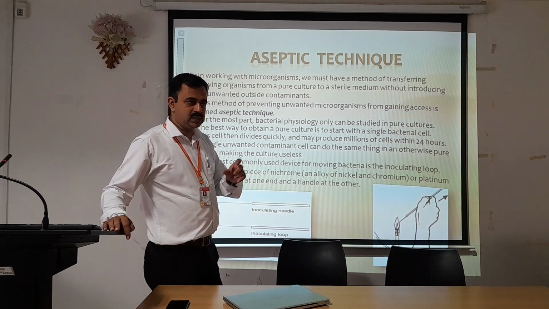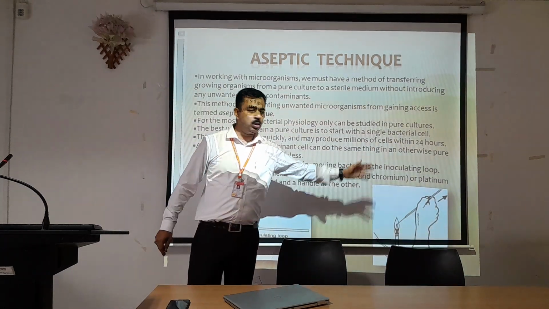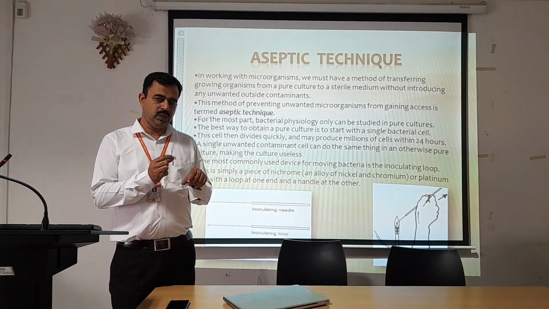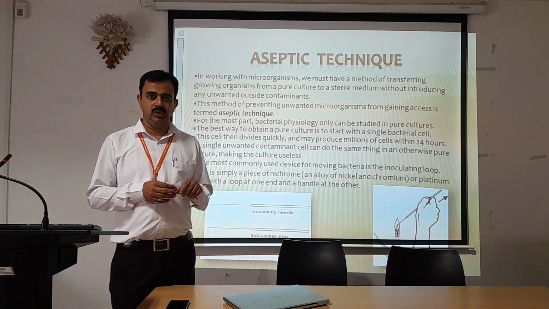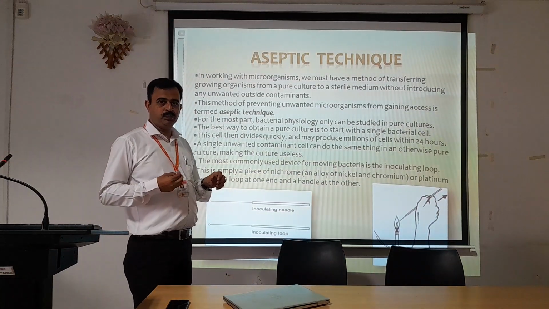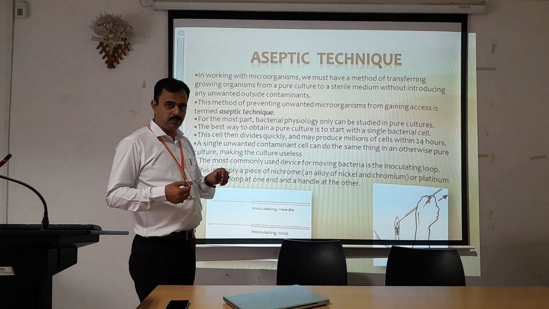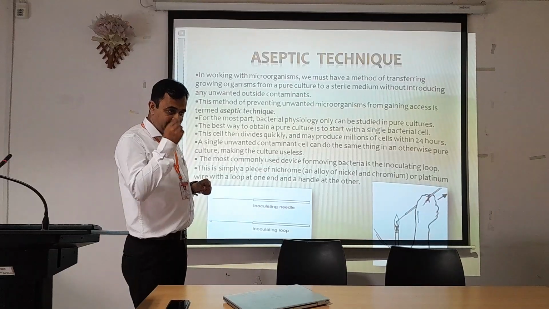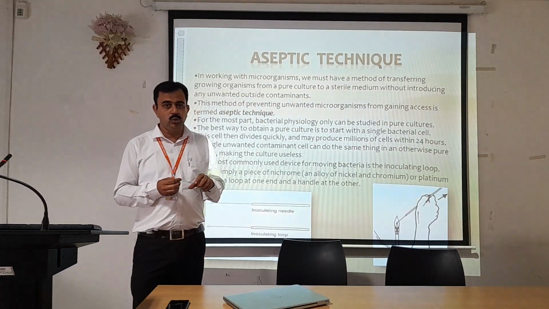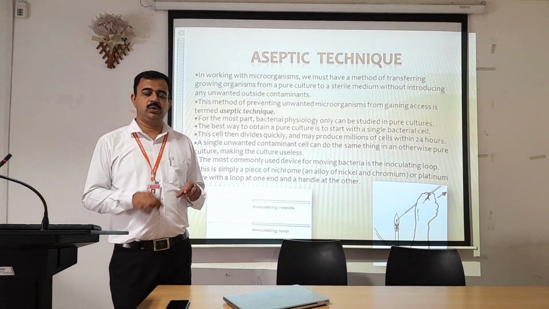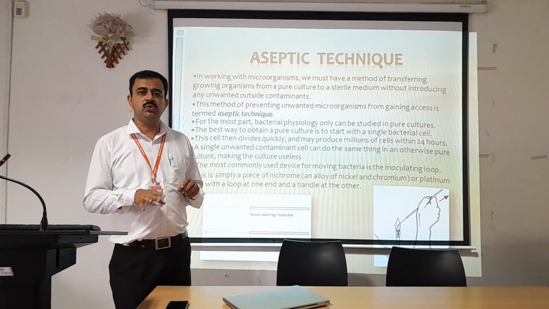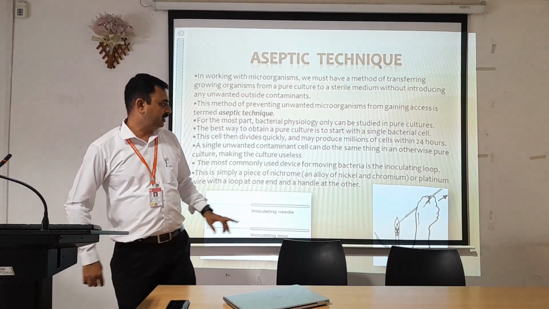These metals, alloys of nickel and chromium or platinum, have the ability that once you put them inside the flame, they get hot very quickly, and when you take them out after they are red hot, they cool down very fast. So this metal has both abilities: it gets very hot at high temperatures and cools down very fast as well. Therefore, it can be used.